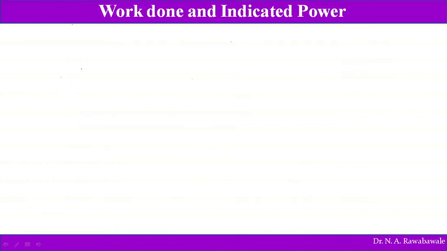So work done per cycle, indicated power, or work done that we have derived is: work done is equal to N divided by N minus 1 P1 VA, where VA is the amount of air sucked in meter cube per cycle, into P2 divided by P1 to the power of N minus 1 divided by N, minus 1, Newton meter per cycle is the work done.